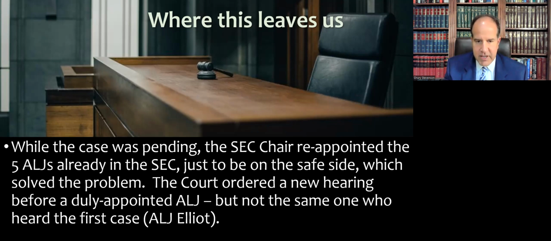The 5 ALJs there now can keep adjudicating their cases, except now they have been hired not only by HR, but have an official appointment by the chair of the Securities and Exchange Commission. They did this just to be on the safe side, which solved the problem for all cases going forward. So for future SEC cases, this doesn't make any difference. The SEC just immediately had the chair reappoint their 5 ALJs.